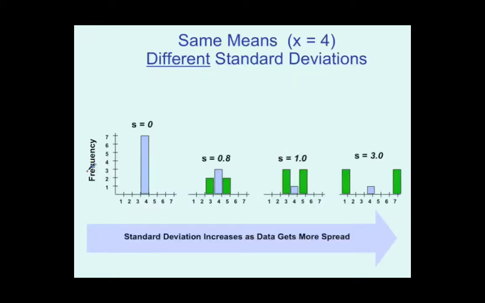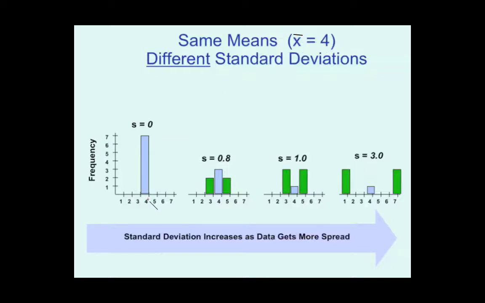All right, here's a little example to explain exactly what we're talking about here. These are a set of data where the sample means x bar for all of these sets of data is equal to 4, okay?